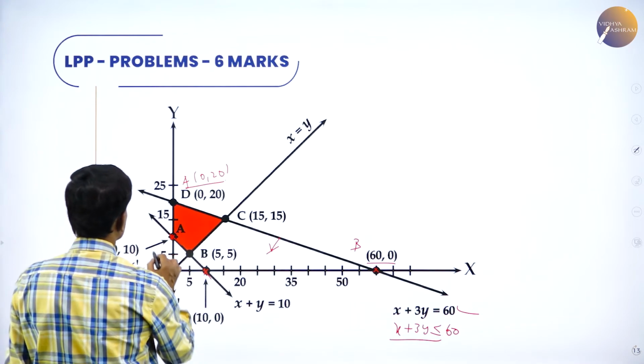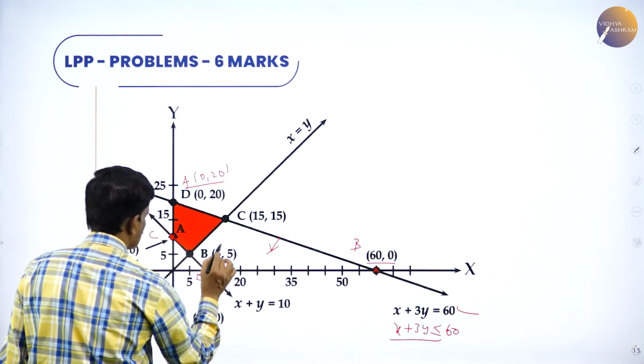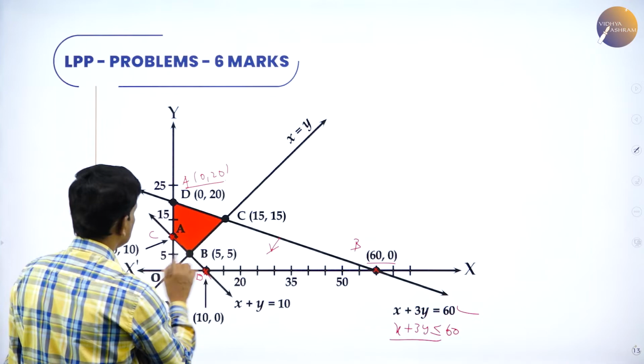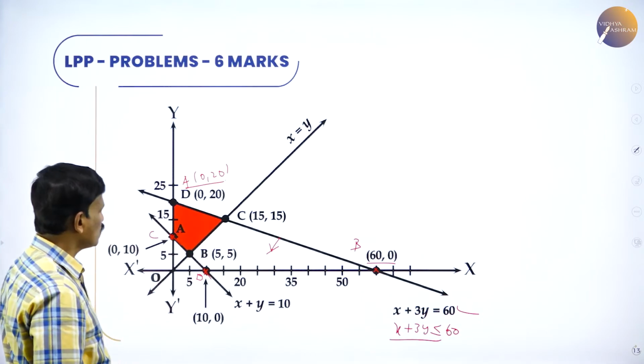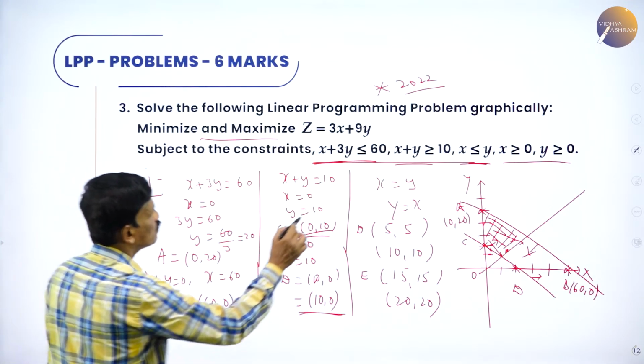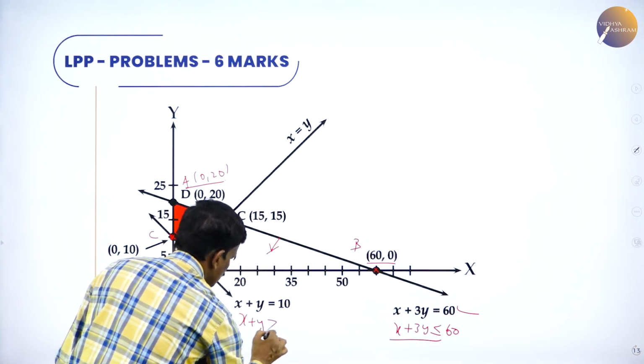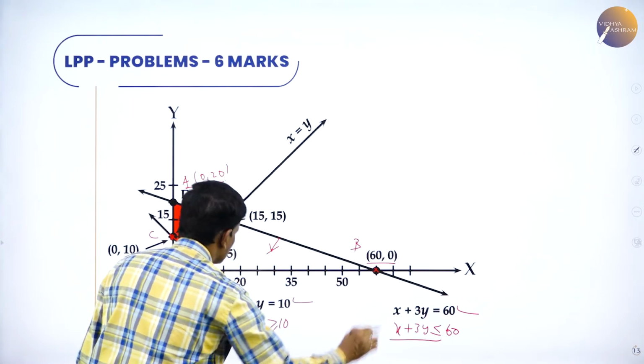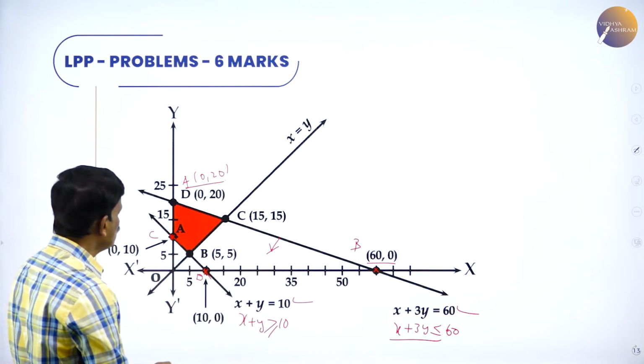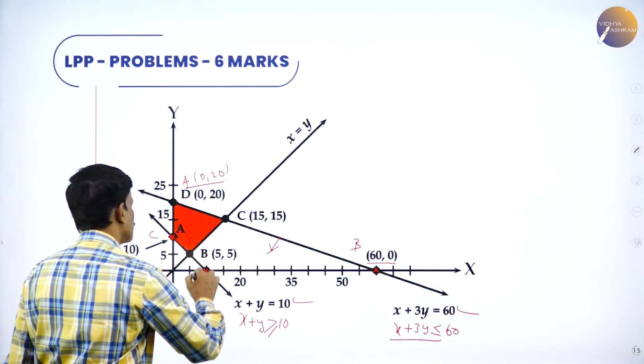So here the points are C and D. A, B, C, D, straight line. What is the condition given here? x plus y is greater than or equal to 10. So that means this is moving away from the origin.